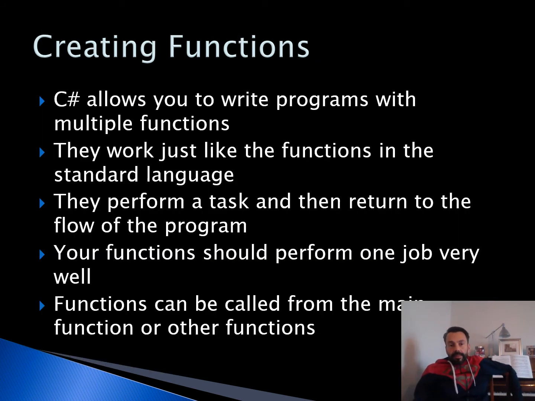Right, obviously, C# allows you to write multiple functions. And they work like the functions in a standard language, and they perform a task, return to the flow of the program, and your function should perform one job very well. And functions can be called from the main procedure or the main function, or other functions as well. But then you've got to have a wee list.